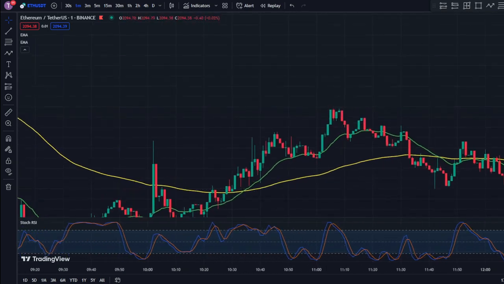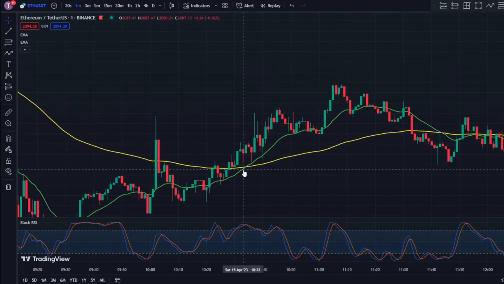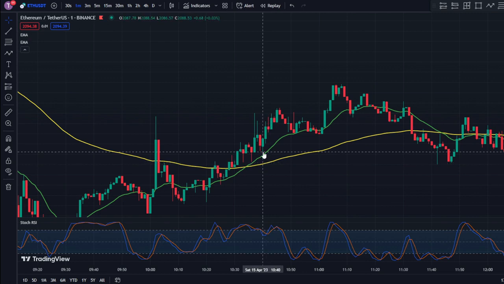Here we have a perfect example, and let me show you the steps to take a long position. First, you look at the chart and see that we have this breakup of the green EMA above the yellow EMA, so the 20 EMA is above the 100 EMA. This means you want to look for long positions.